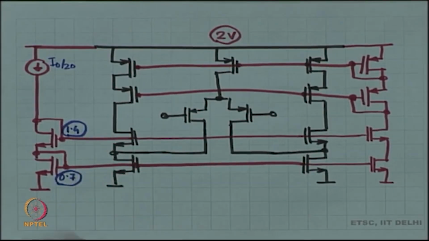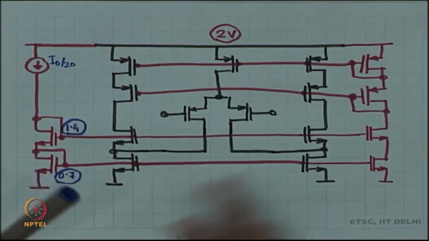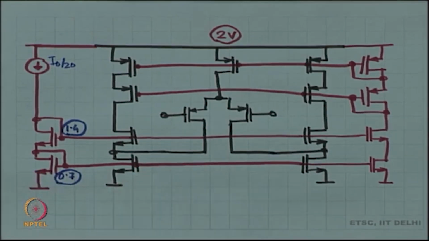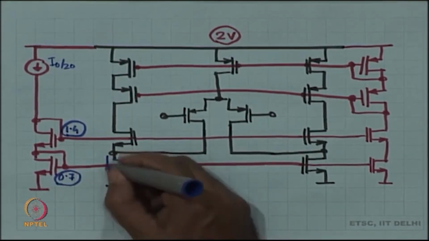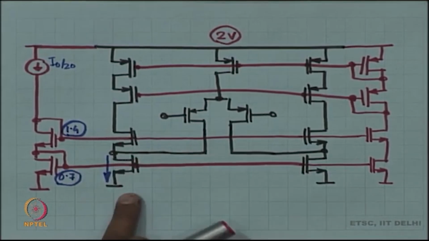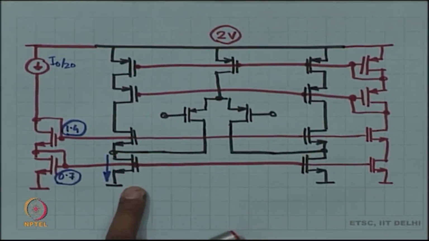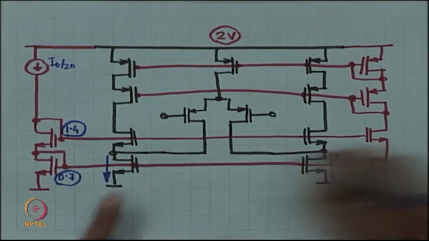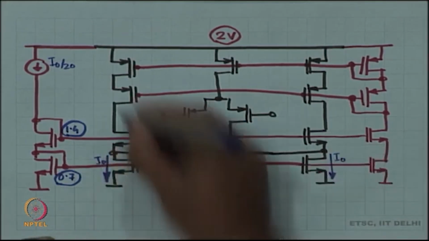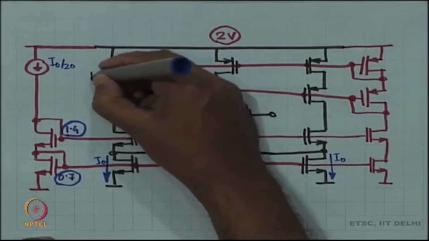I hope by now you are getting used to this sort of design. You should be getting used to this design. So, the gate over here is at 0.7. What should be the size? What should be the current here? The current here has to be I naught, remember, whereas the current here has to be I naught by 2.